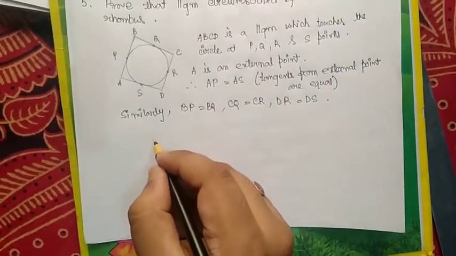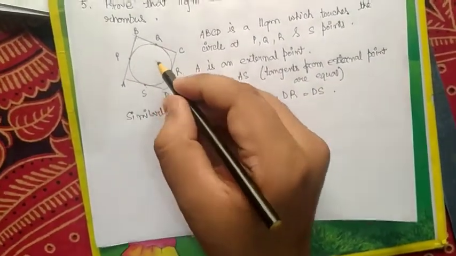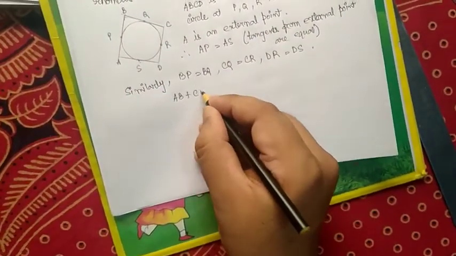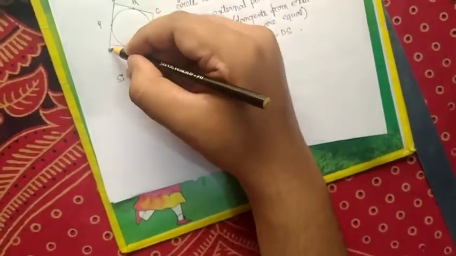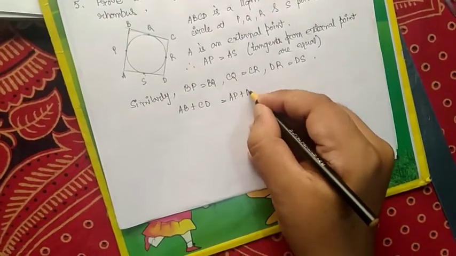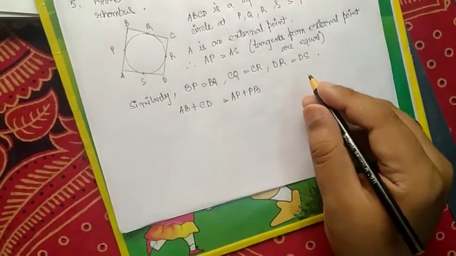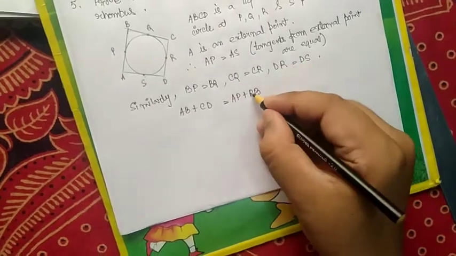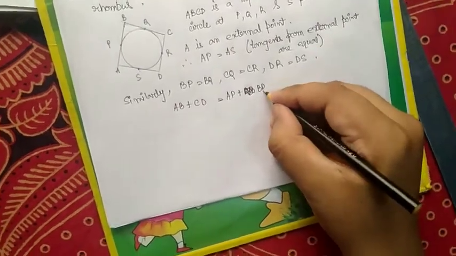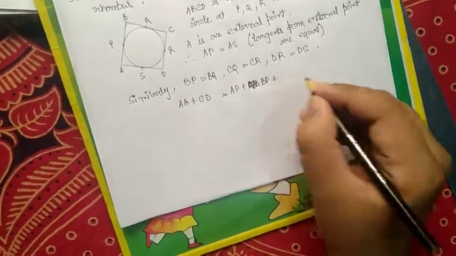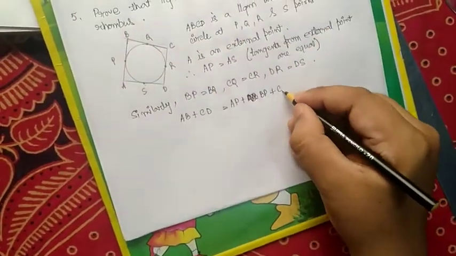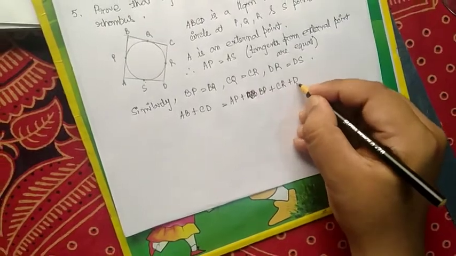So therefore we can say that AB plus CD, AB means AP plus PB, plus CD, CD means CR and DR, CR plus DR.